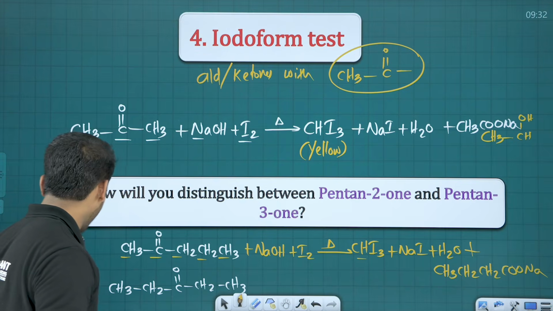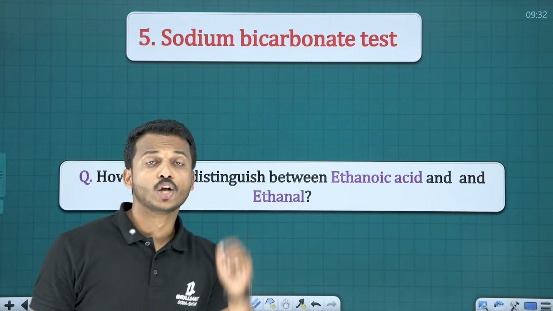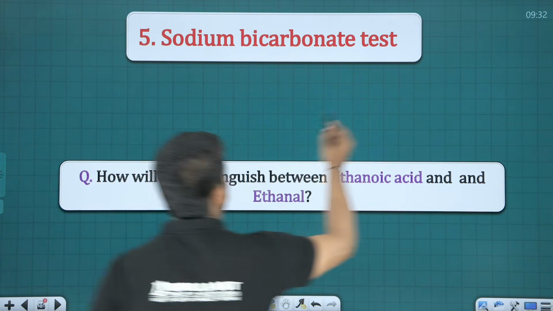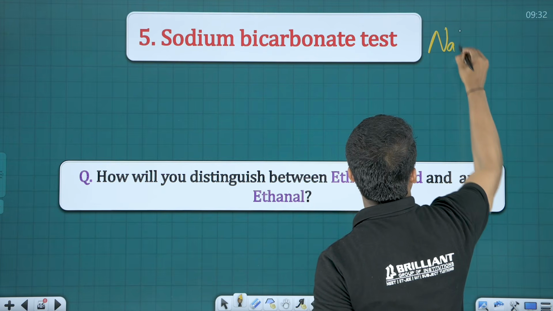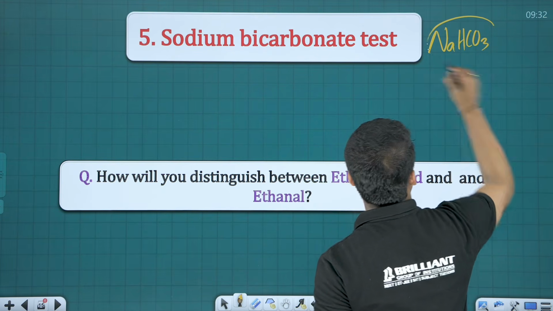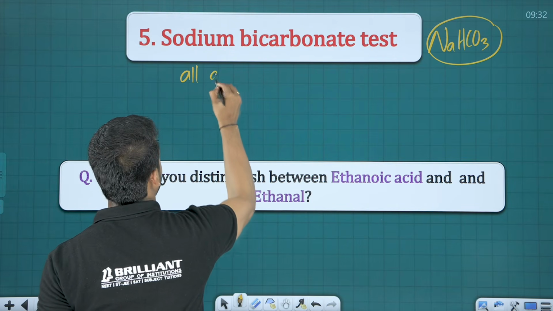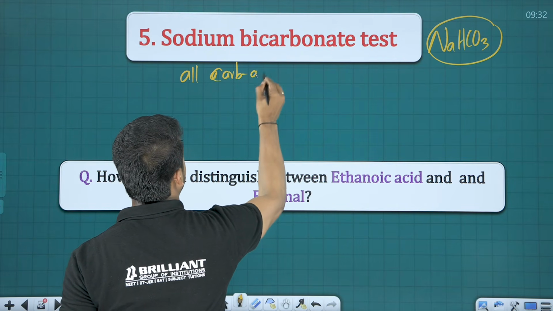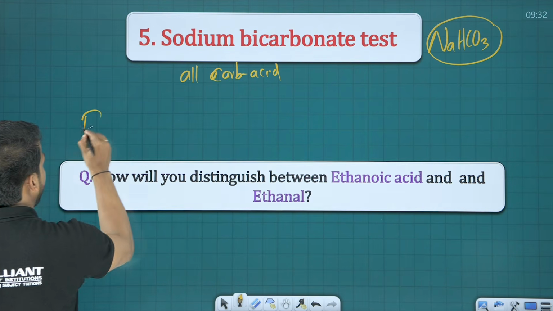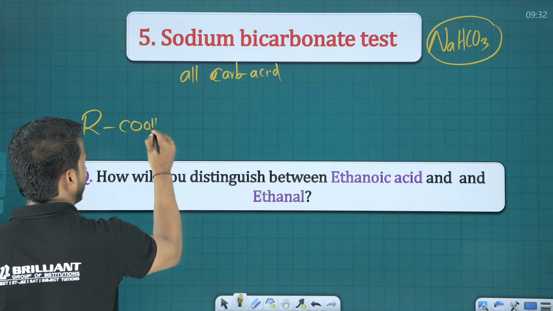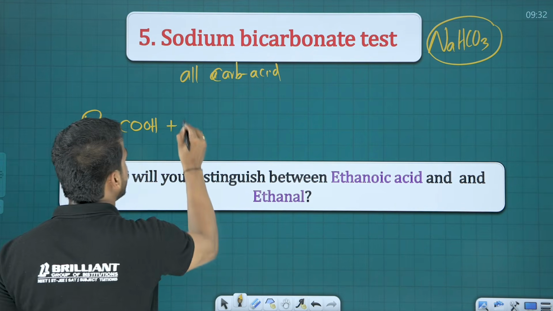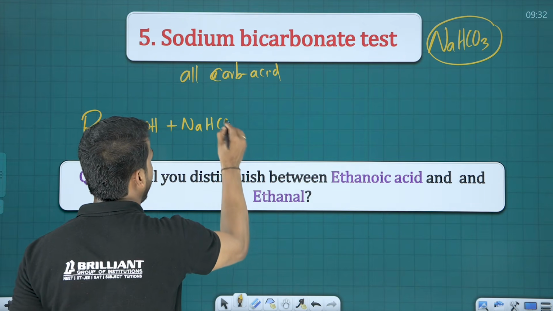Clear, dear? We have one more test in this chapter, sodium bicarbonate test. It's also called NaHCO3 test. This test is given by all carboxylic acids. What is the test? Take a carboxylic acid and add sodium bicarbonate, NaHCO3.